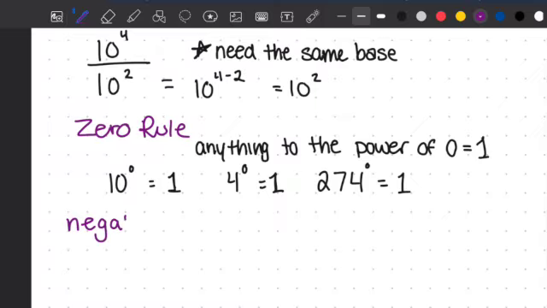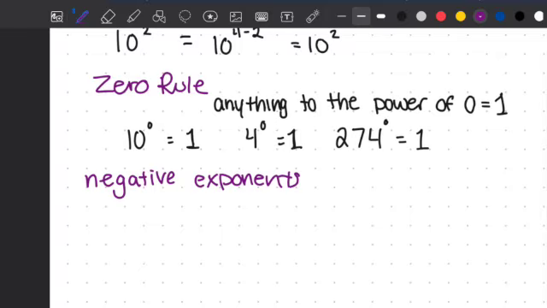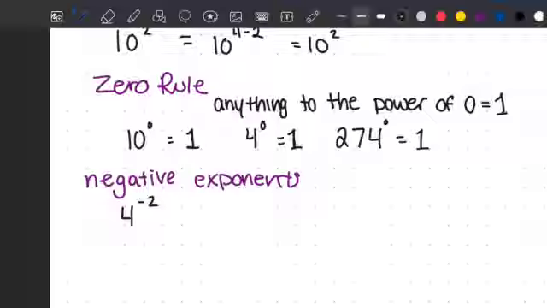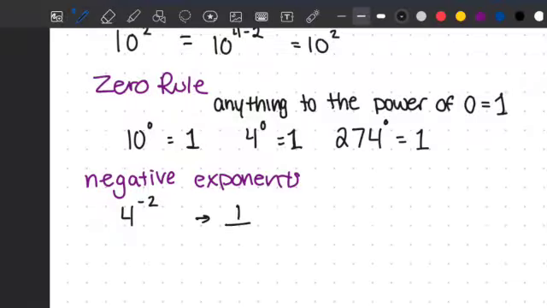Negative exponents. Okay, negative exponents we deal with by flipping our fraction. So if I've got 4 to the power of negative 2, what that is telling me is we're using division in a way. So I'm going to have 1 over 4 squared.